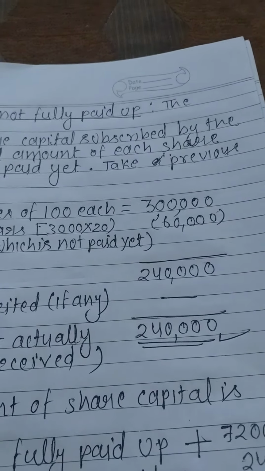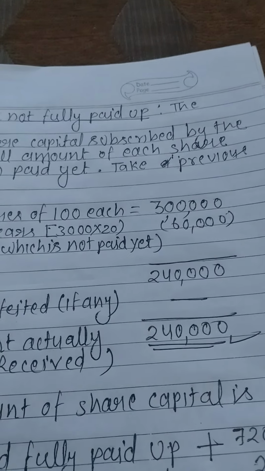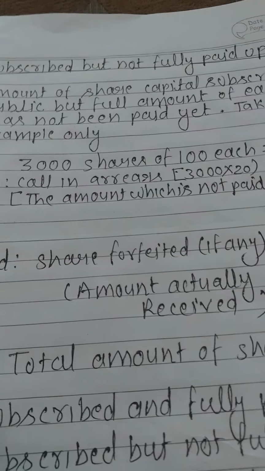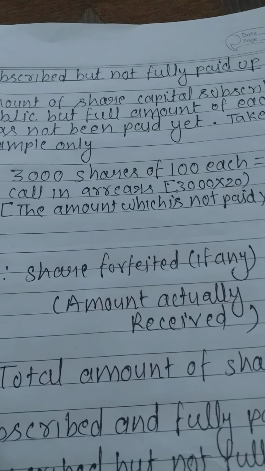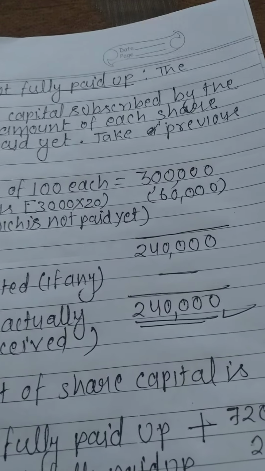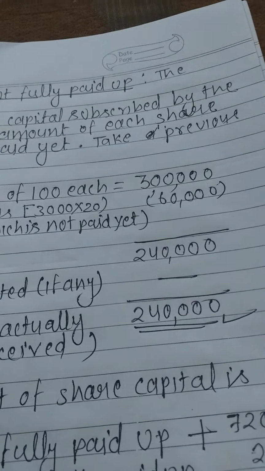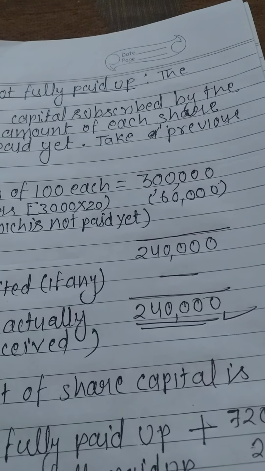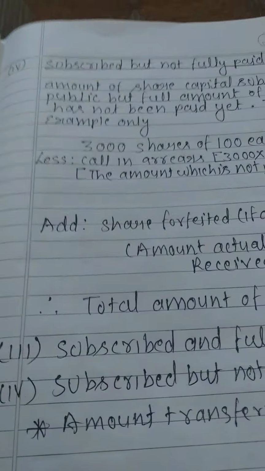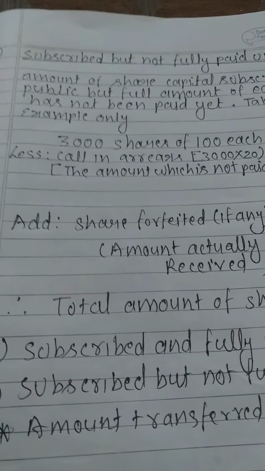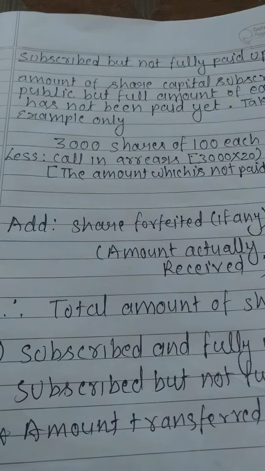So this amount we have to reduce from subscribed but not fully paid up. We have to reduce it from 3 lakh. That means we are only getting 2,40,000. Sometimes it is given in the question shares forfeited.